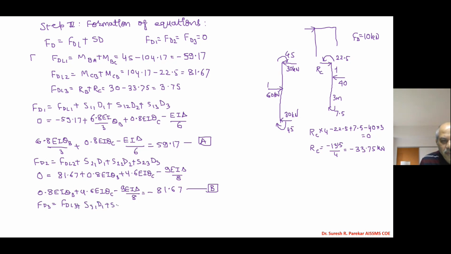FD3 equal to FDL3 plus S31 D1, S32 D2, and S33 D3. And then from this, now I will directly write S31.